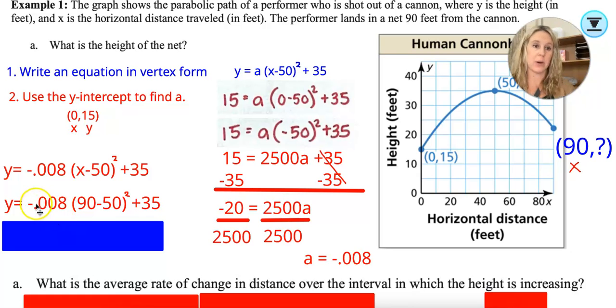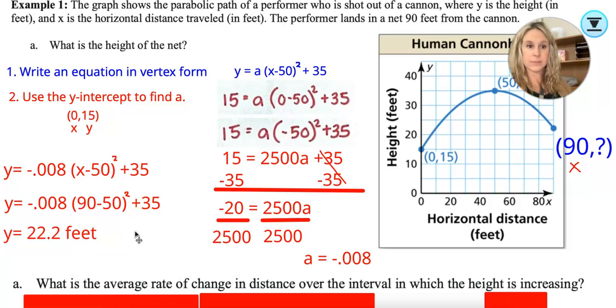And then I can type all of this in the calculator, and that will tell you how high the net is. So after typing it all in, we get 22.2 feet. So that is the height that my net should be, so our cannon person does not get injured.